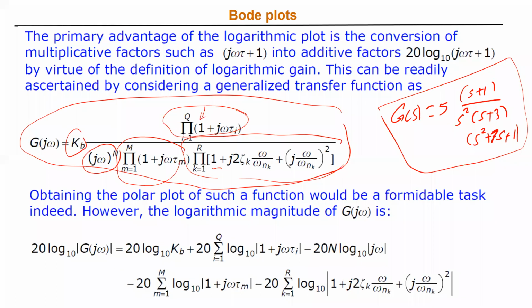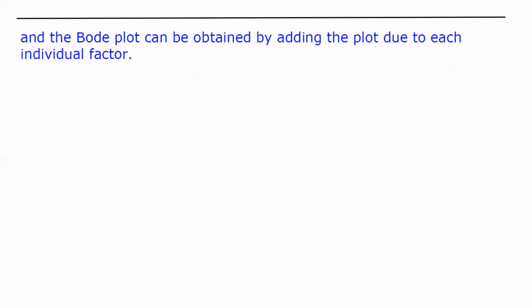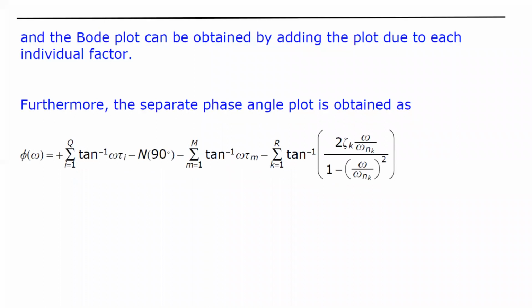So it is the regular transfer function, with the numerator representing zeros and the denominator poles. For the magnitude we take the log, but for the phase we don't have to, because the phase is automatically the angle of the numerator, which are the zeros, minus the angle of the denominator, which are the poles.